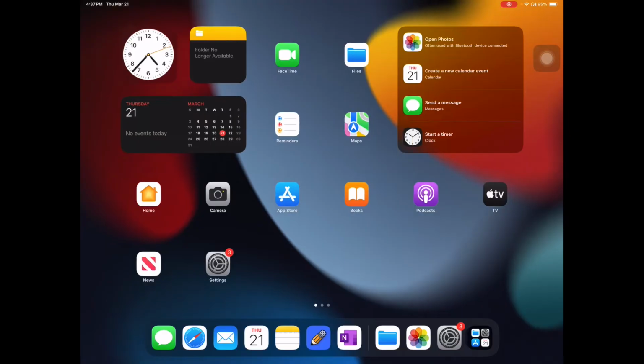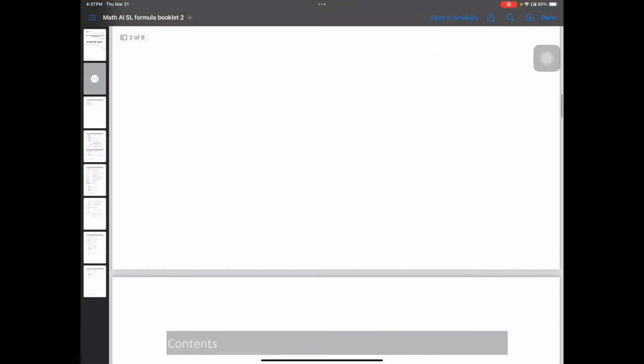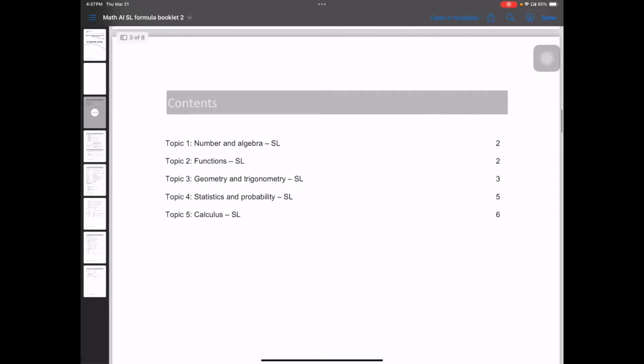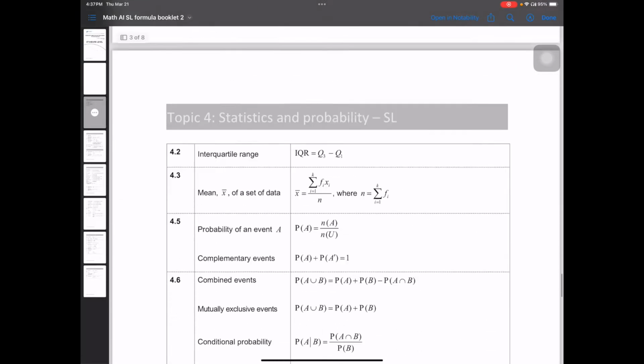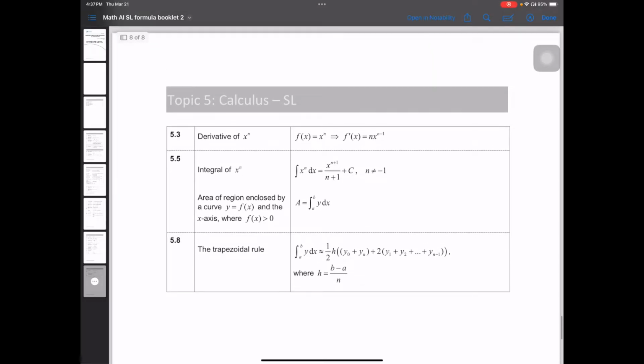So let's go to the formula booklet, and find the trapezoid rule. This would be under calculus, so topic 5. All right. Topic 5, there we have it, 5.8, the trapezoid rule, and here it is. We'll take this and actually we'll work with this on the other page and unpack what is actually going on and what this means and how we can use it.